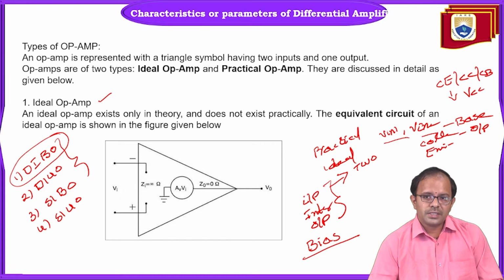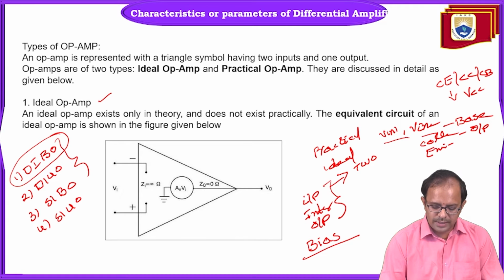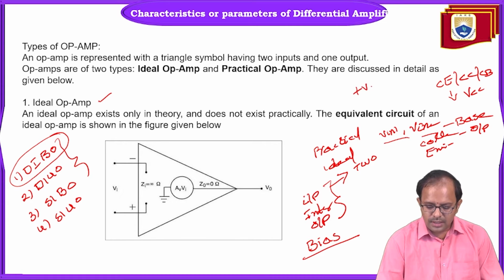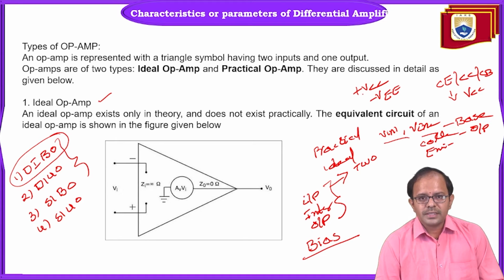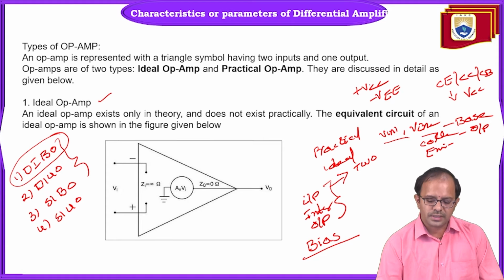Similarly, in the differential amplifier also we provide biasing. Here we have two types of biasing. One is plus VCC and another one is minus VEE. That is, one positive bias is provided across the collector terminals of both the transistors.